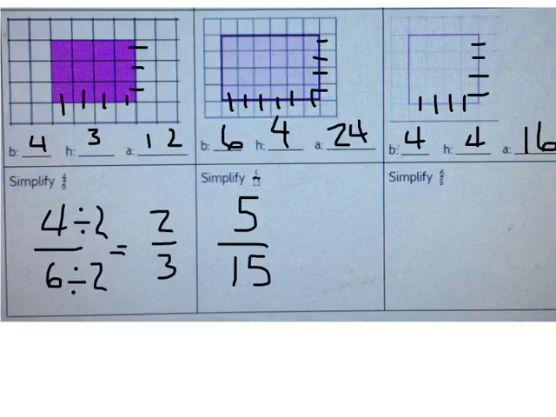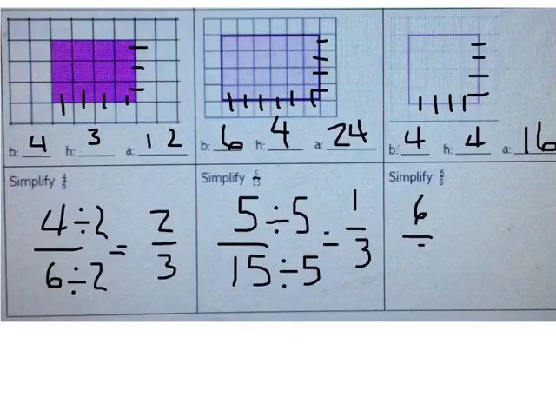What number goes into 5 and 15? 5 goes into both. When I divide both by 5, what's my new fraction? It's 1/3. Now you try one. Simplify 6/8. When I divide 6 and 8 by 2, the simplified fraction is 3/4.